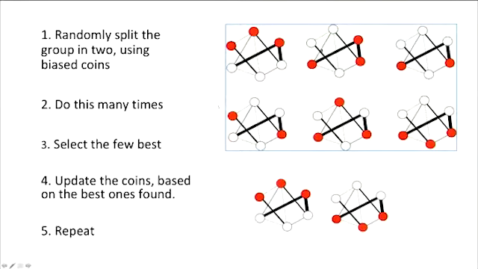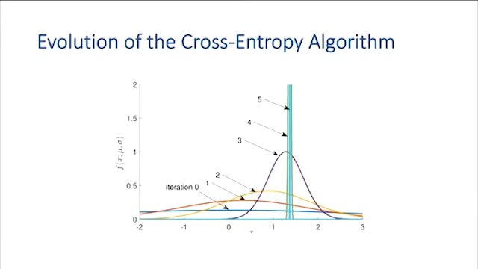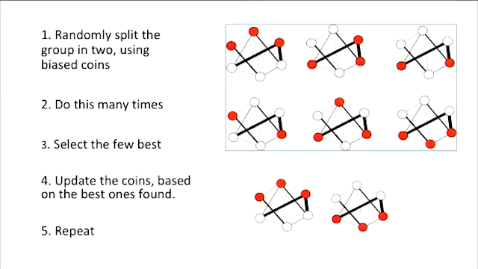So you get, say, these possible groups. Now you select the best groups amongst the ones that you simulated, and using those, you update your coins. Then you repeat it. So it works a bit like this thing here, but now in a discrete case.